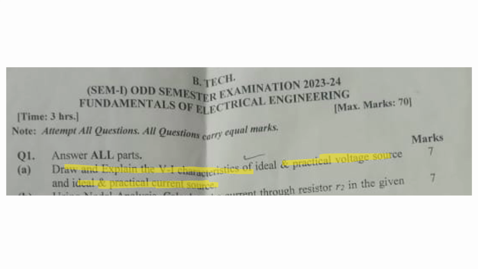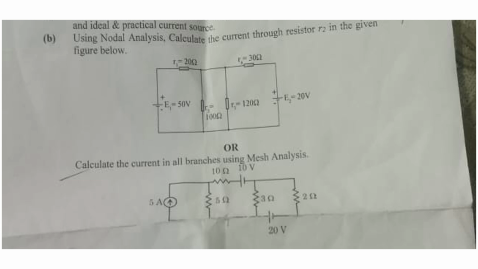And moving to the next one: using nodal analysis, calculate the current through R2 in the given figure. This is R1 20, this is R3 30 ohm, this is E1 50 volt, this is R3 100, this is R4, I think, 120, and this is E2.